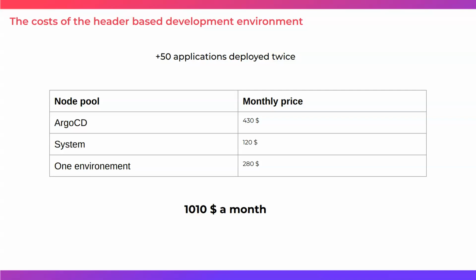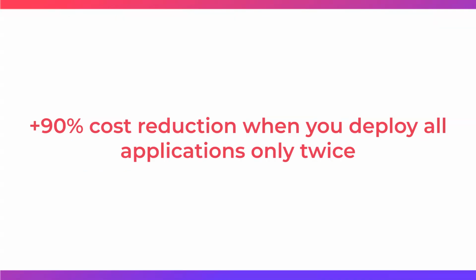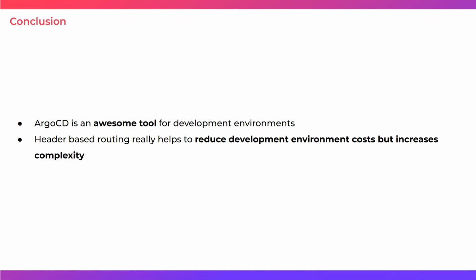So this comes down to a monthly price of a bit more than $1,000 a month, which means compared to the first time we tried that, we have a 90% cost reduction in the case of deploying all the applications only twice.